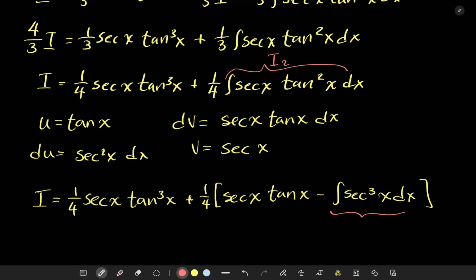Now again, when I'm doing I2, I want to get this one. This one is going to be the same as secant of x times tangent squared, and I'm going to write the secant squared as 1 plus tangent squared of x. And that right there is going to give me secant squared.